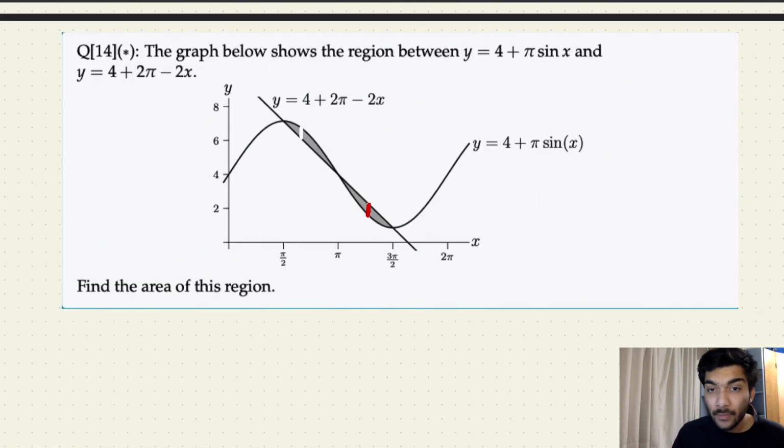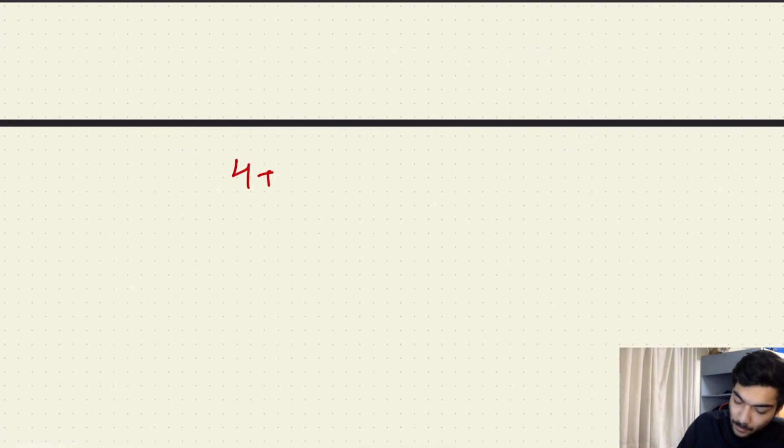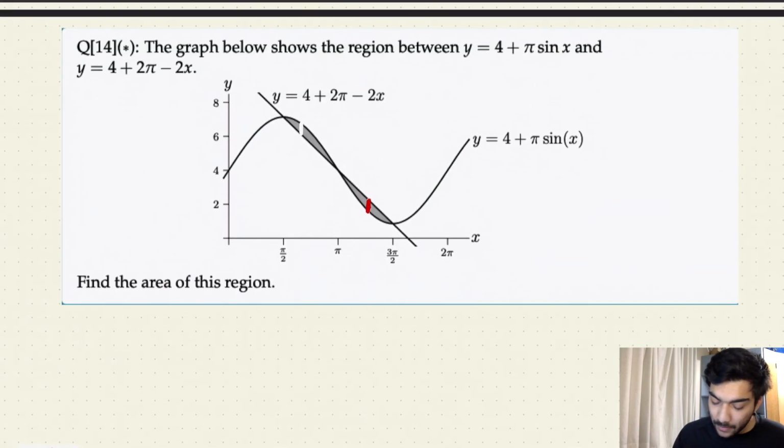So the area bounded by the first part in this case would be, first we'll take the sine function, the upper y value, which is 4 plus pi sine x, and we'll subtract the y value of the line function, right?